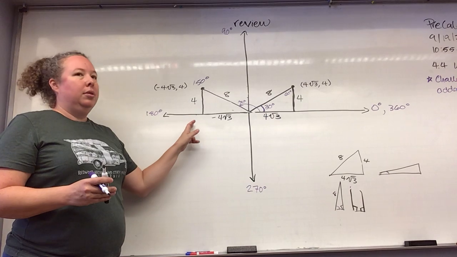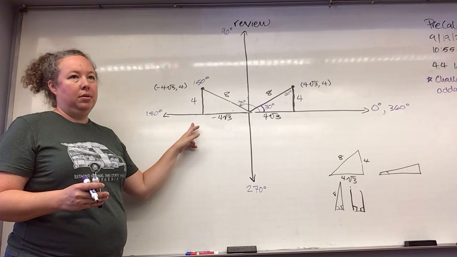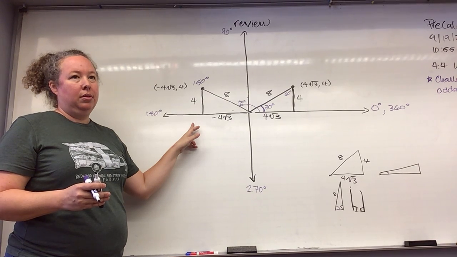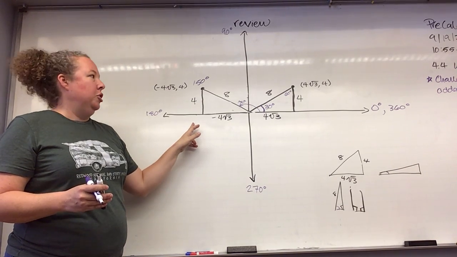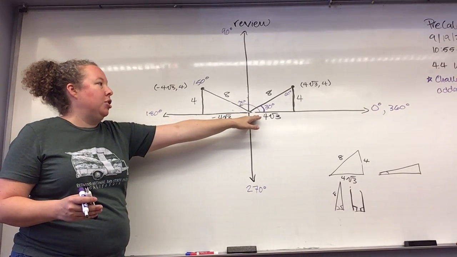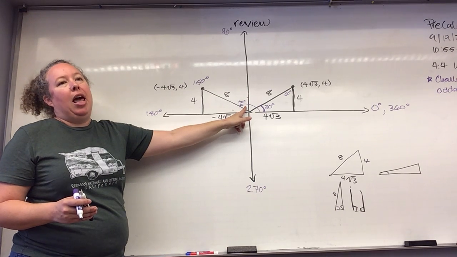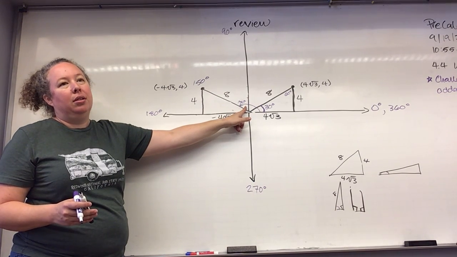What can I write down in words of what a triangle can do when it's on a coordinate plane? That's a really great question. Once it's on a coordinate plane, before, could we ever have a right triangle that had an angle of 150 degrees?